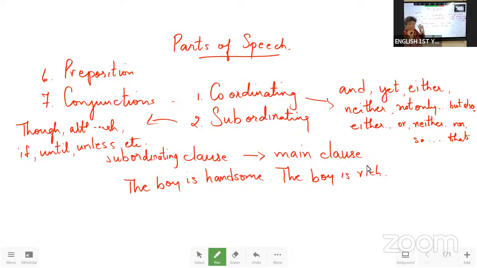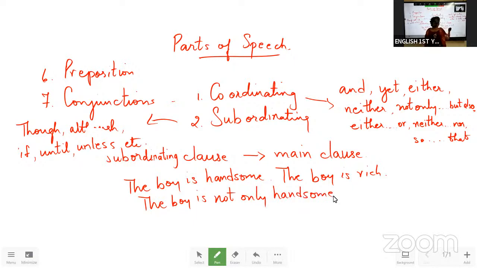The boy is rich is also a main clause. You can join both with: the boy is not only handsome, but also rich. This is a coordinating conjunction.